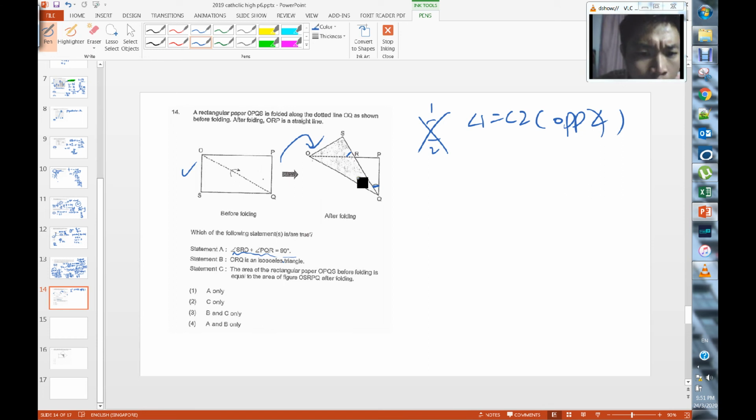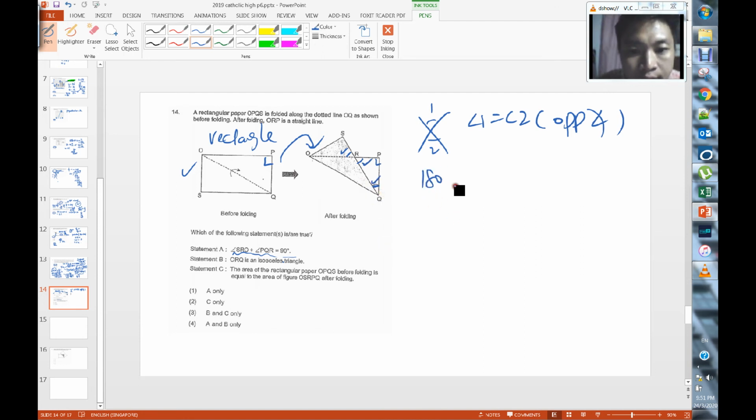Therefore this angle should be equal to this angle, right? And this is a rectangle, therefore this is 90, right? So if this is 90, this angle plus this angle should be 90, right?